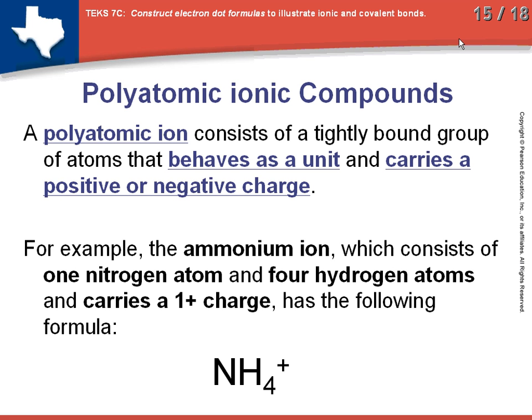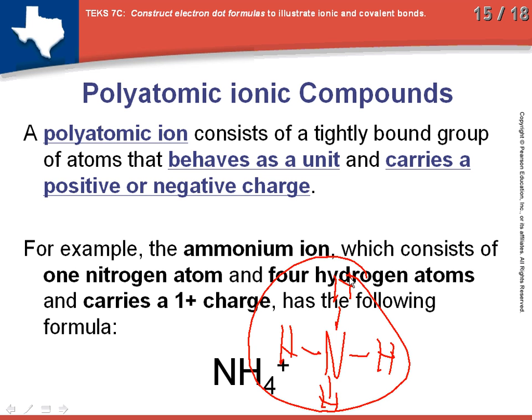For example, NH4 is a nitrogen with 4 hydrogens. But not every electron is evenly shared, so the entire compound moves as a unit and has a charge. There are other ones like sulfate, SO4 2-, or carbonate, CO3 2-.